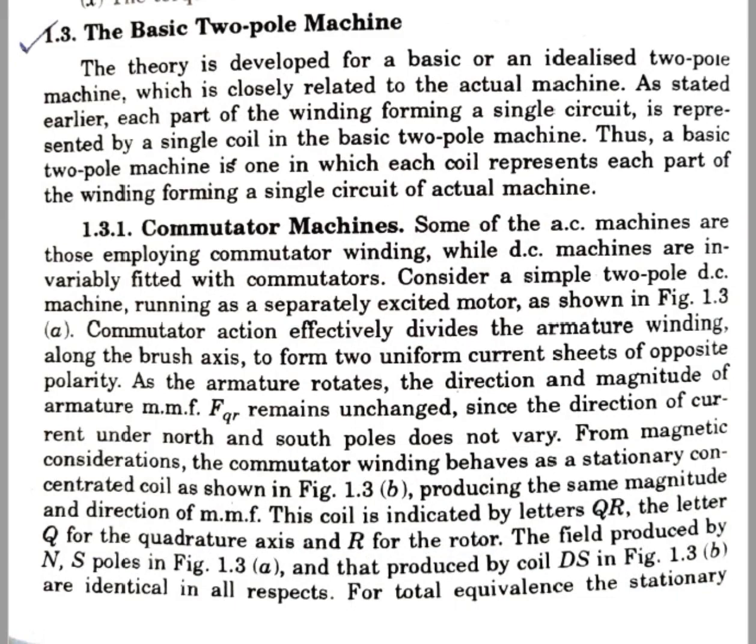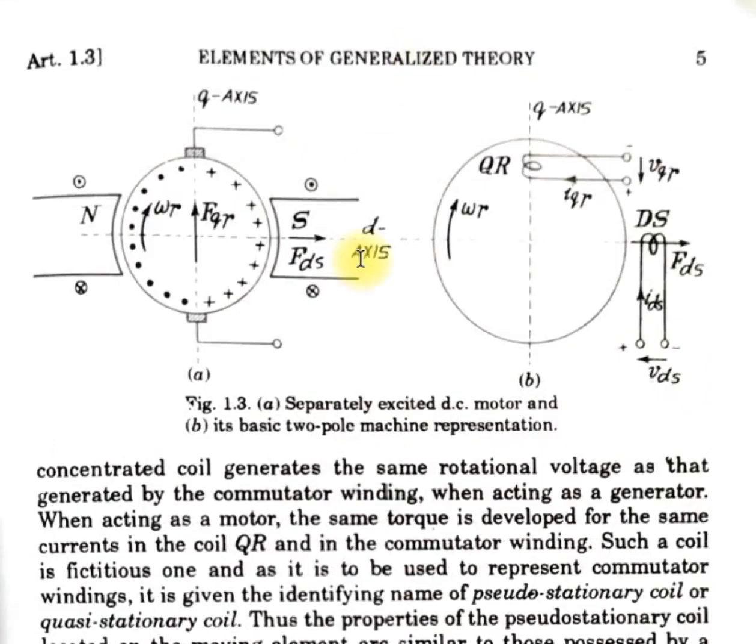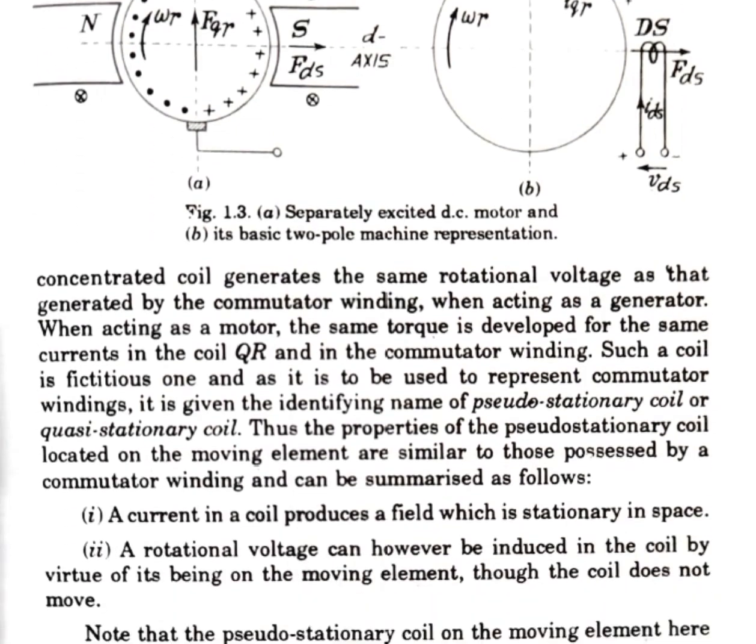We started with the commutator machines, and we saw certain diagrams for the separately excited DC motors, its representation and its basic two-pole representation, where we had seen the field winding DS for the separately excited machines and the rotor winding as QR, which is on the quadrature axis, and the field winding is on the D axis, so that is DS.